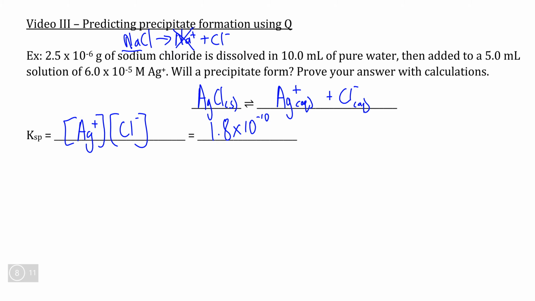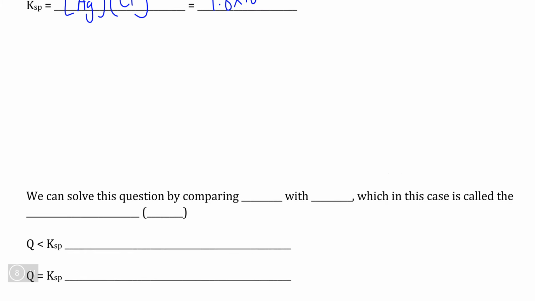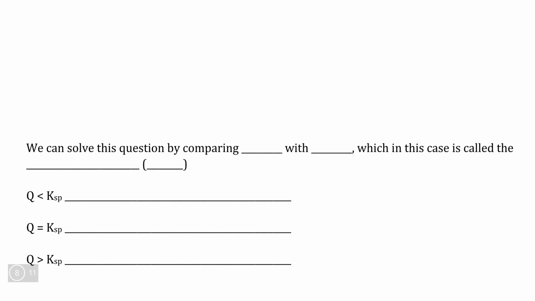Now, in case the title of this lesson didn't give this away, the calculation that we're ultimately trying to do is comparing our KSP value with Q, which of course is our reaction quotient.